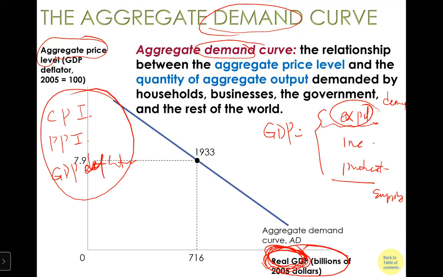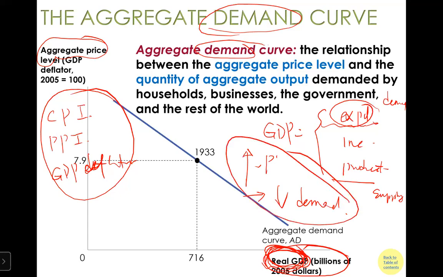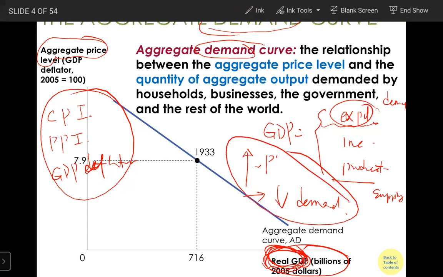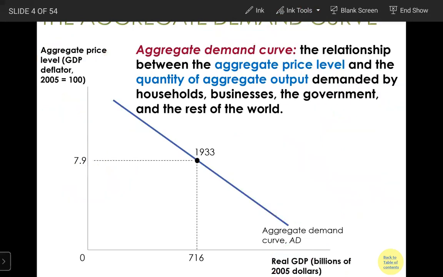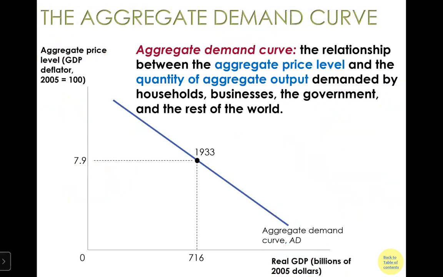Okay, so this aggregate demand curve presents a downward slope, meaning a higher price leads to lower demand, or a lower price leads to higher demand.